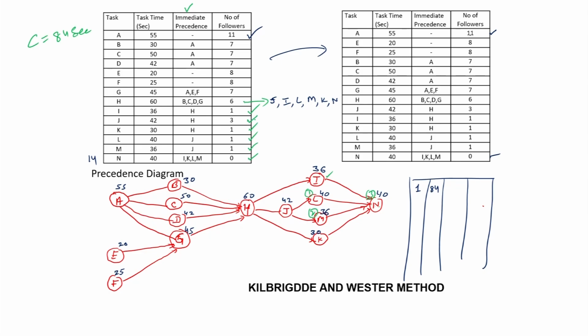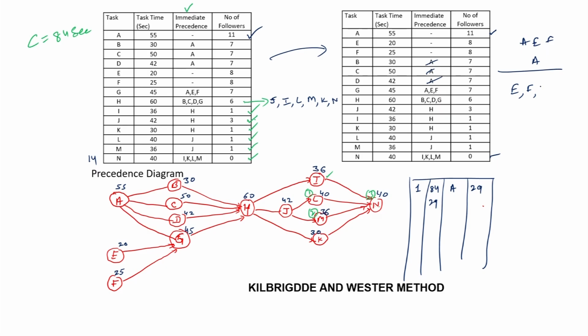The tasks which are available, not having any predecessor, are A, E and F. This is much like the RPW technique, and out of these the highest priority is for A and the time for A is 55. So, we will assign A, and 84 minus 55 is 29.